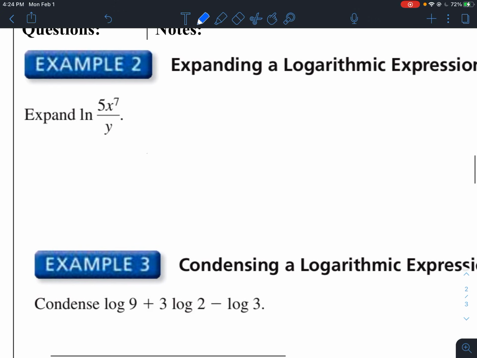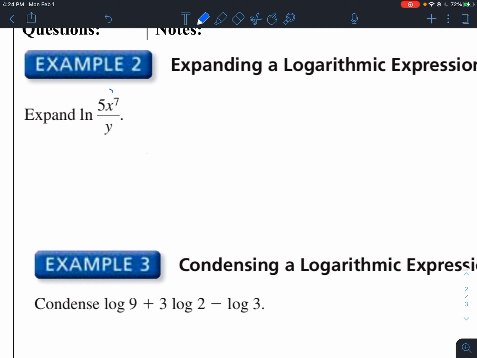Okay, so expand the natural log of 5x to the 7th divided by y. There's a couple of things going on here. These items right here are being multiplied. This is 5 times x to the 7th. Now this is where you divide.